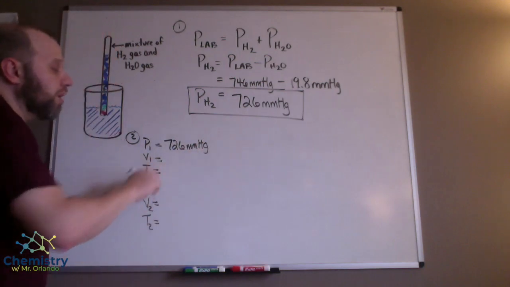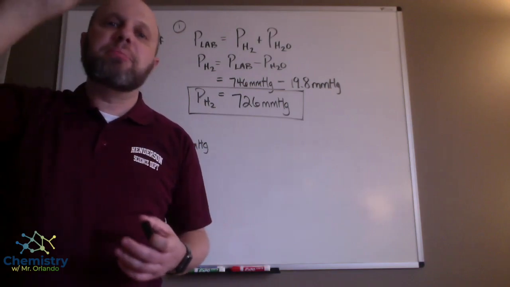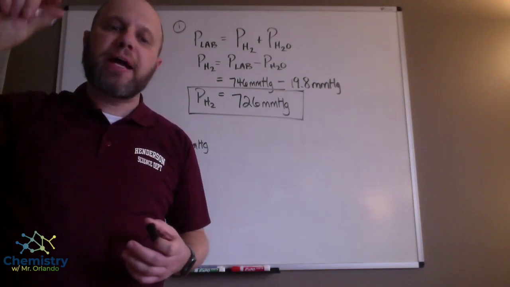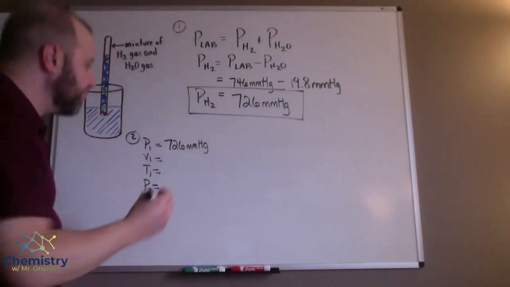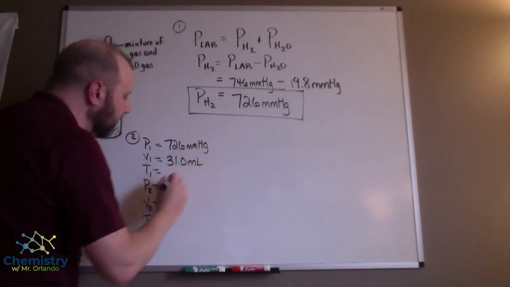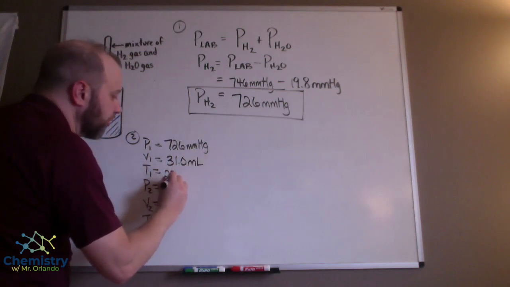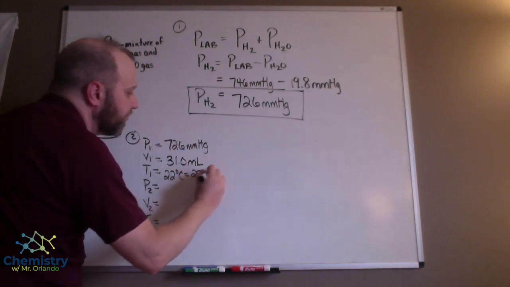The volume of that hydrogen, it tells you earlier in the problem, above problem number 1, there's a small paragraph that says the volume of hydrogen gas collected was 31.0 milliliters. And the temperature, as I mentioned earlier, was 22 degrees Celsius, which is 295 Kelvin.